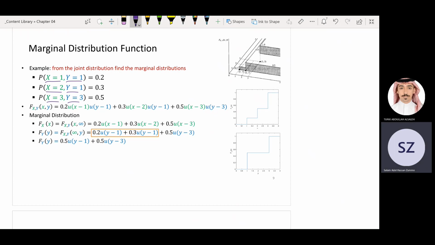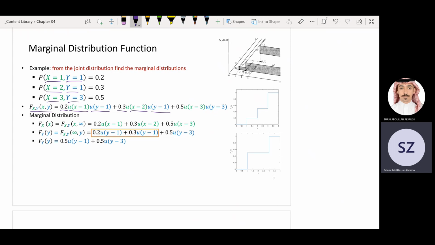And we want to find, and we can write the joint CDF as 0.2 multiplied by the step function at x equal 1 multiplied by the step function at y equal 1. Right? Plus, now the next step, 0.3 multiplied by the step function at x equal 2 and the step function at y equal 1. So think about it like this.